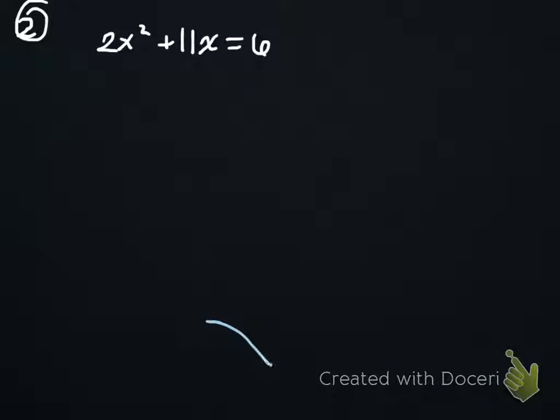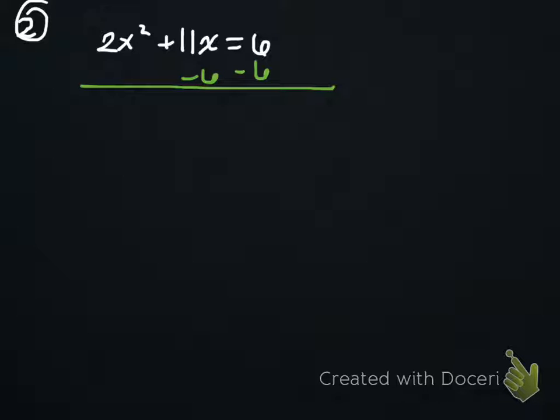We're going to do 2 more. Let's do this one. Which side do I want everything on? The left, because that's where my x squared will be positive. So that means I need to move the 6 to the left.